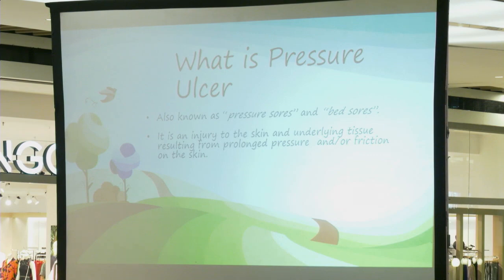It's a kind of injury under the skin, resulting from prolonged pressure and friction. Because the patient lies down in the same position every day. If the caregiver never turns the patient, the prolonged pressure, friction and improper movement will cause the pressure ulcer.